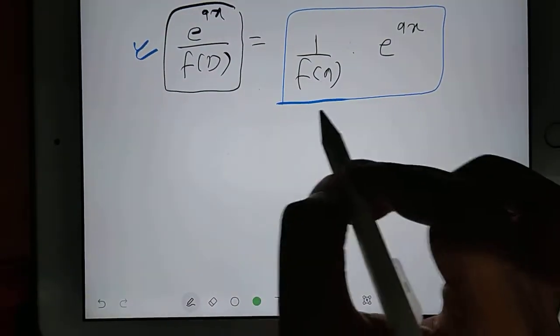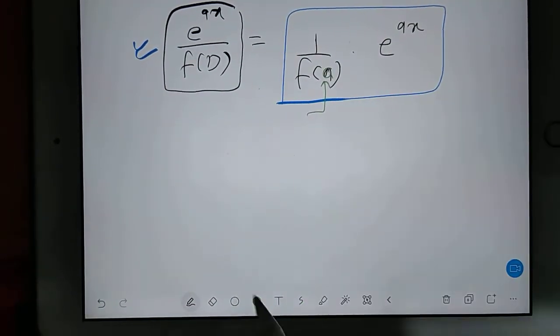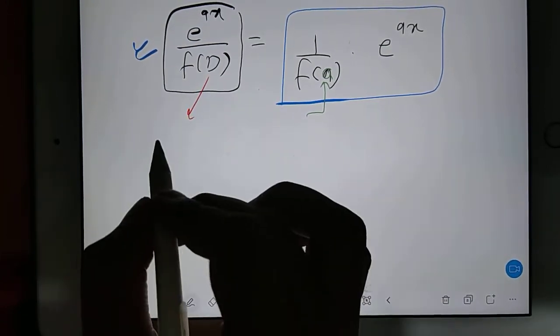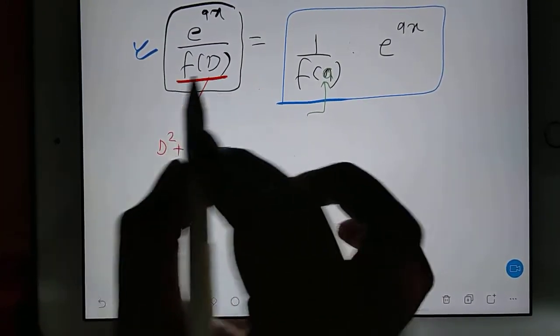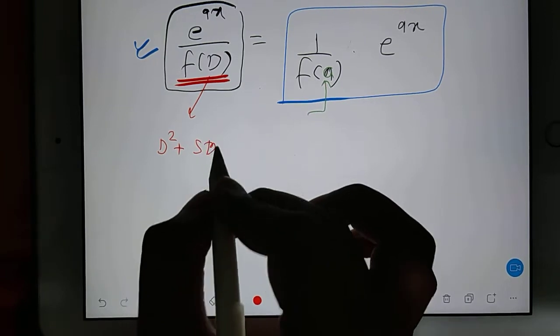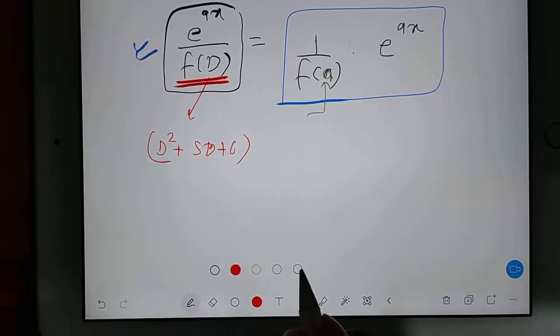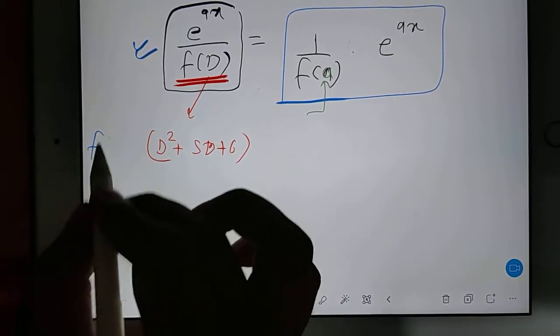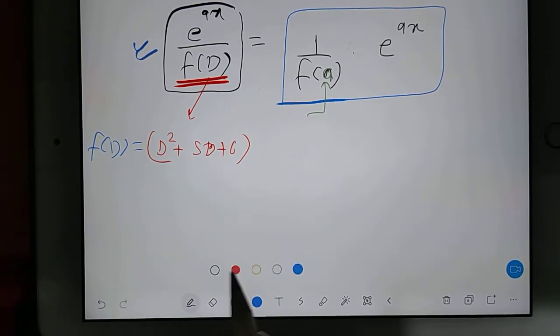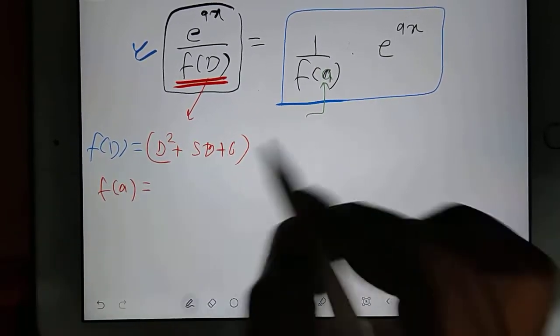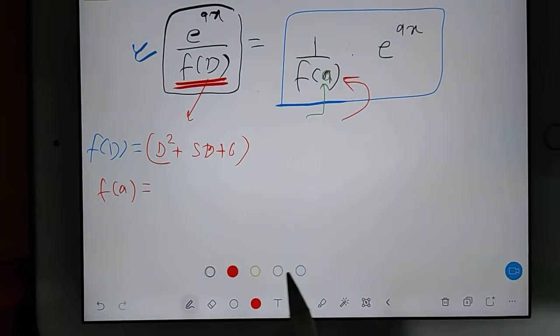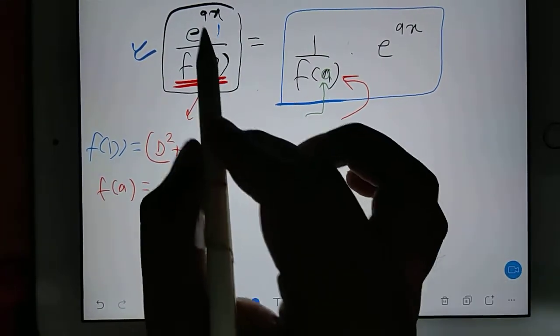Now what is a here? In the previous example, what was your f(D)? Your f(D) was D square plus 5D plus 6, correct? Now I am saying to calculate f(a), because that f(a) I will substitute here. Before that, a is nothing but the coefficient of x.